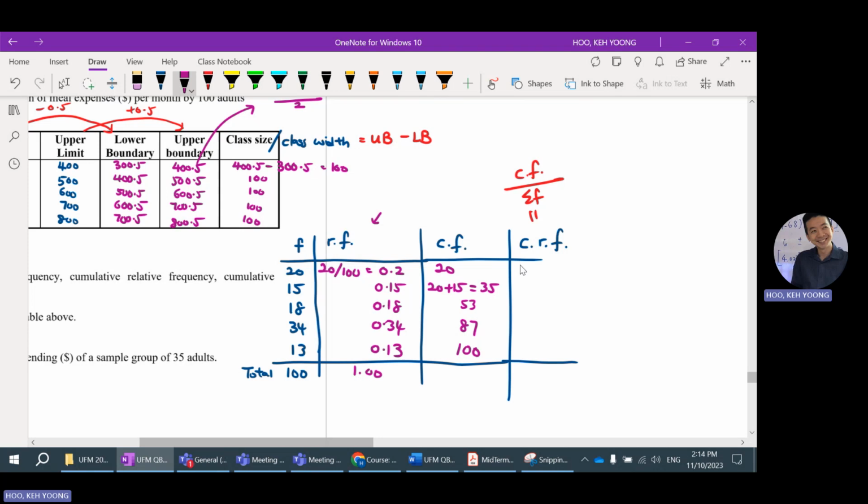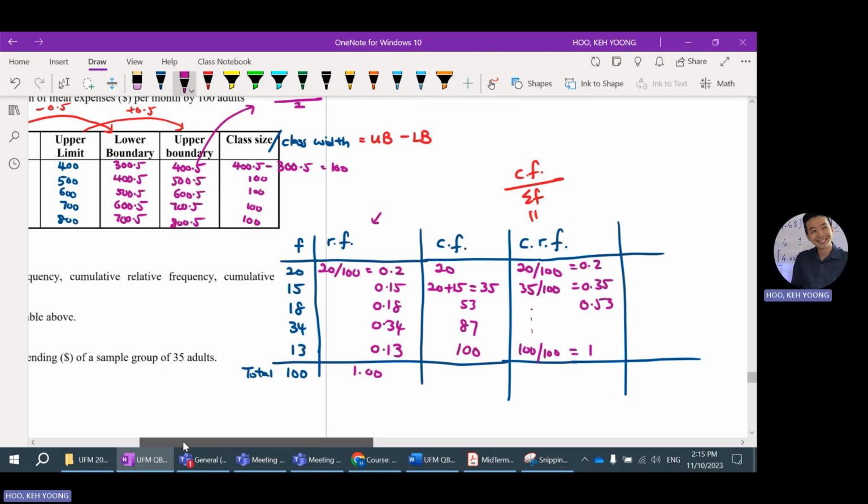If you use this formula: 20 divided by hundreds, 35 divided by hundreds, and the last one, hundreds divided by hundreds. So 0.2, 0.35, until you get 1. If you accumulate the relative frequency, we will get the same answer as well. 0.35 is 0.2 plus 0.15. And then 0.53, how do you get 0.53? 0.2 plus 0.15 plus 0.18.